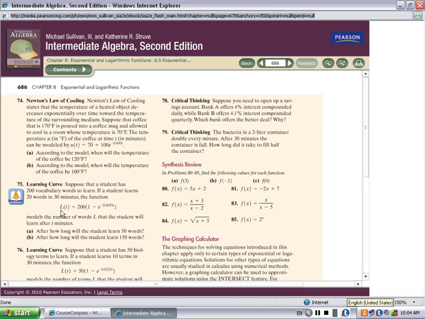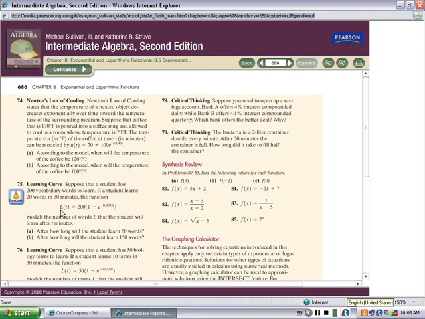Let's look at this model. What does it mean here? You start with 200, times 1 minus e to the power negative something t. Altogether, it says we would like to learn 200 vocabulary words. Did you see there's a negative power there?